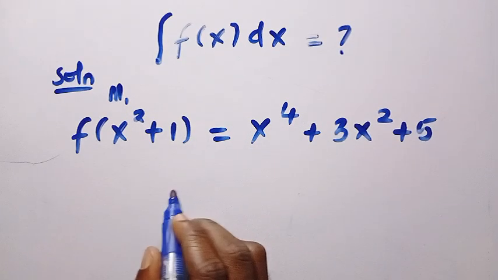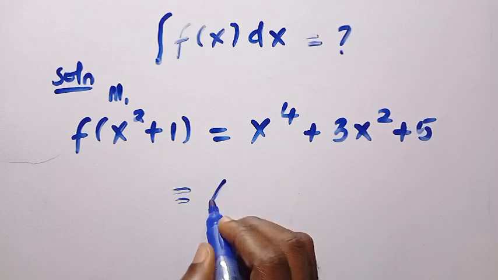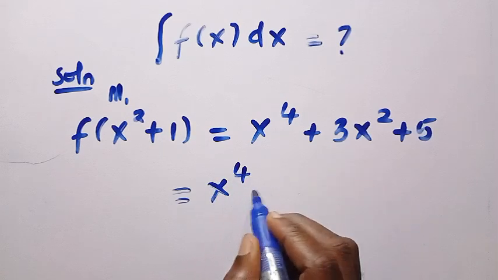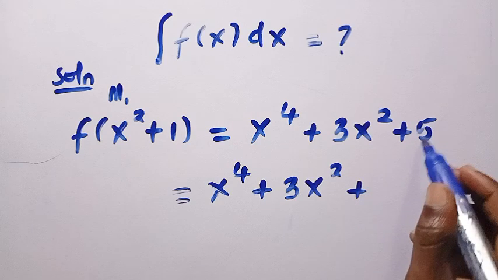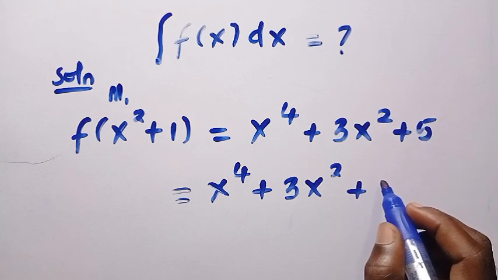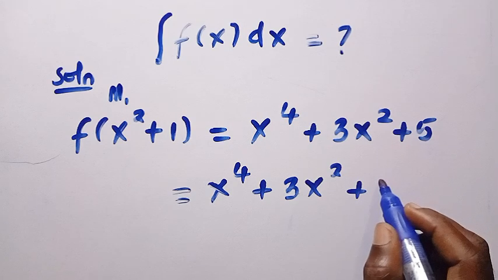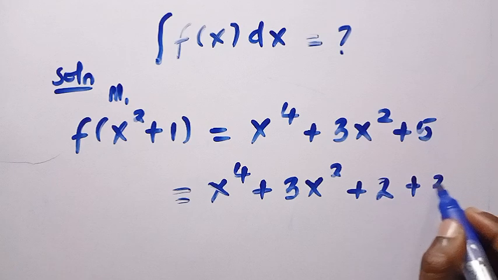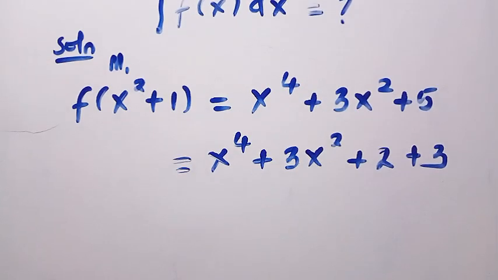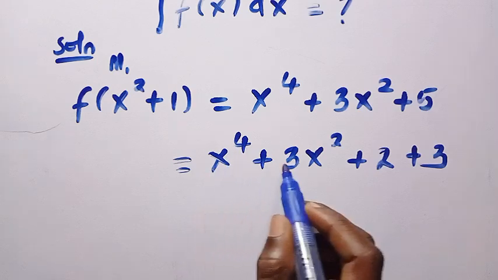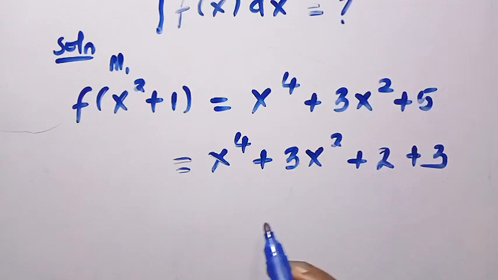Here, the first thing we are going to do on the right hand side is express this as x to the power of 4 plus 3x squared plus, if I break it into 2 plus 3. So we know 2 plus 3 gives us 5. Then let's deal with x to the power 4 plus 3x squared plus 2 only and leave plus 3 aside.